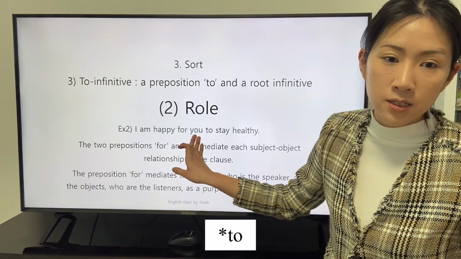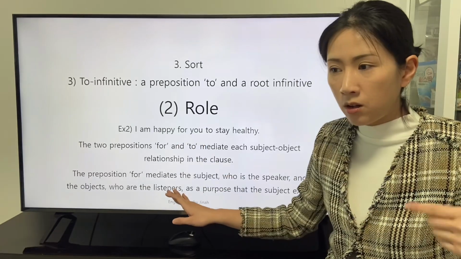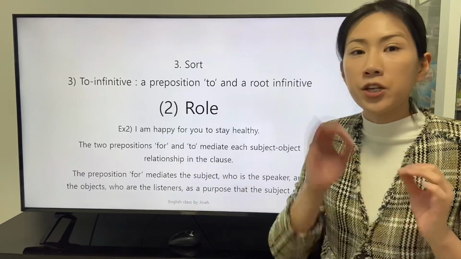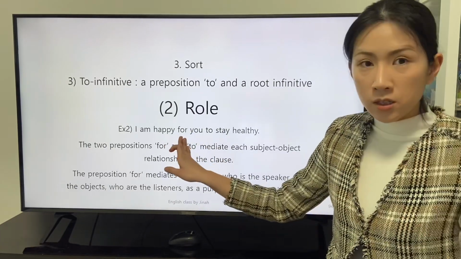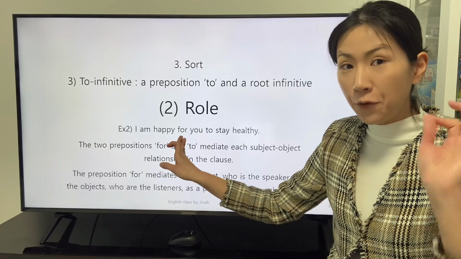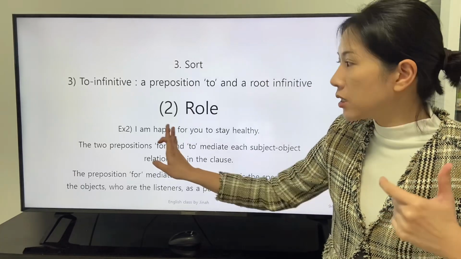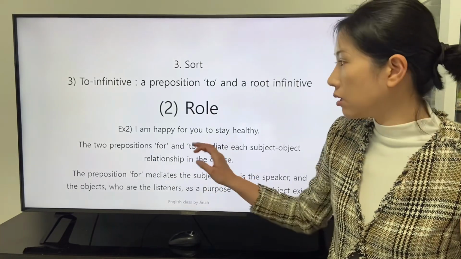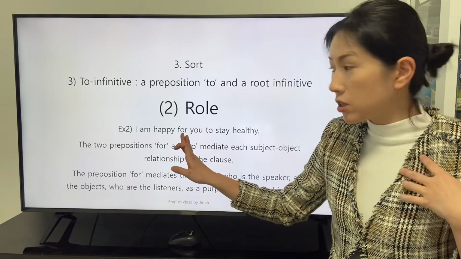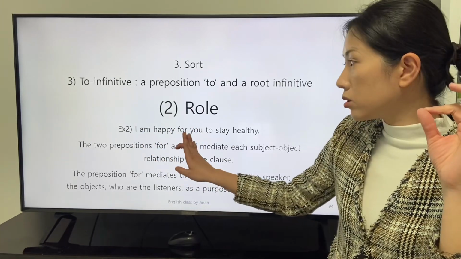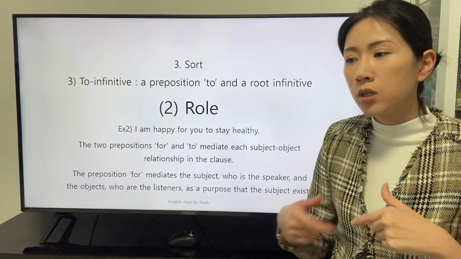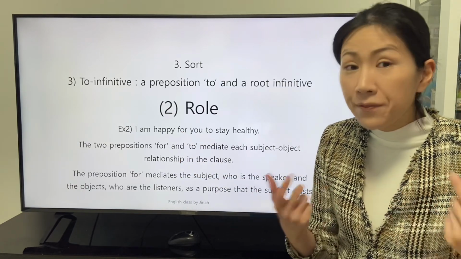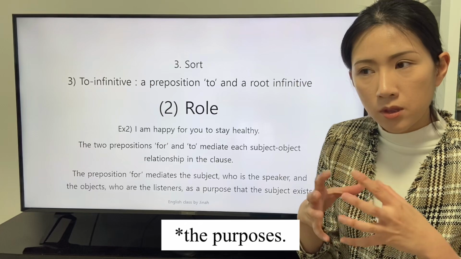the subject exists. This description is about the definition of the preposition for. The definition of the preposition for describes the intention of the subject. The two prepositions for and to describe different kinds of relationships.